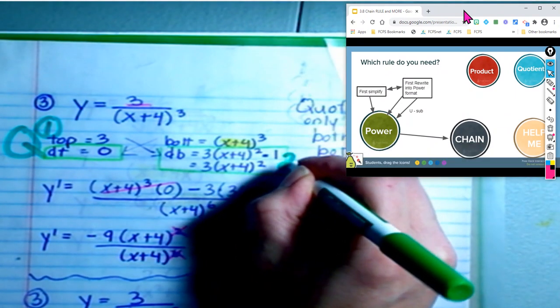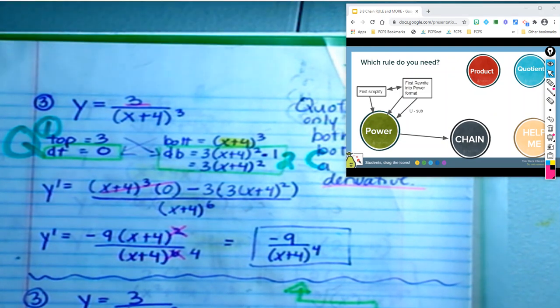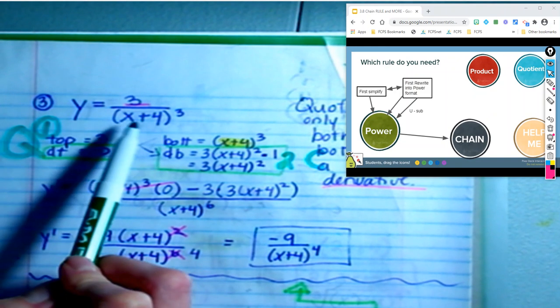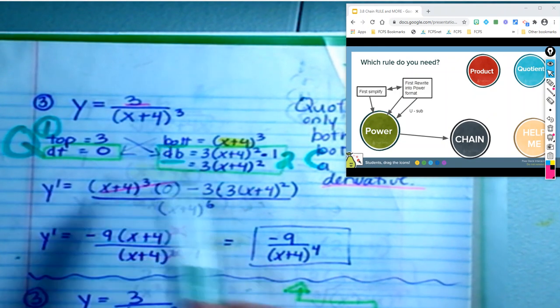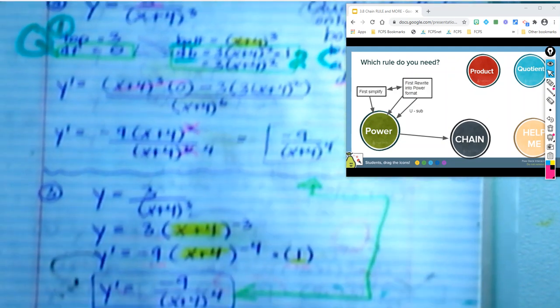Second, I did the chain rule, because I saw a quotient and the bottom is where the chain rule happened, that was the second thing. It was secondary.